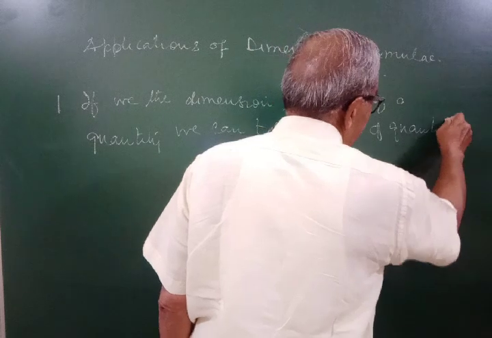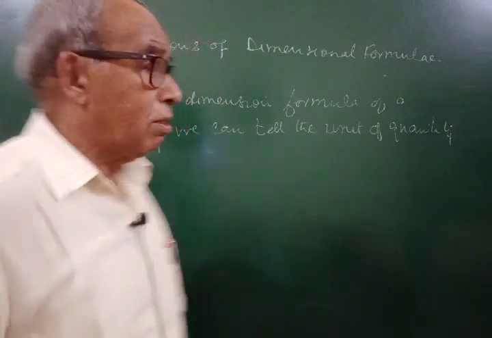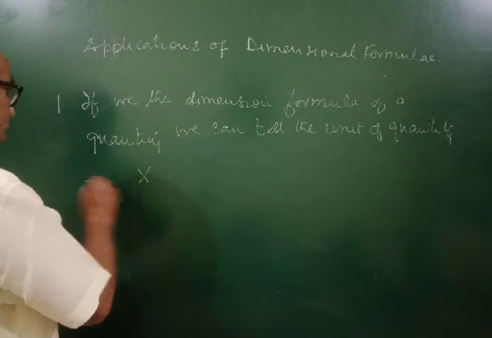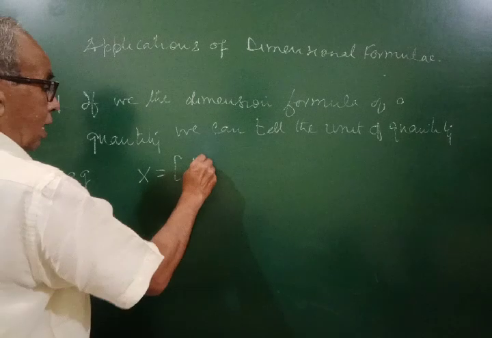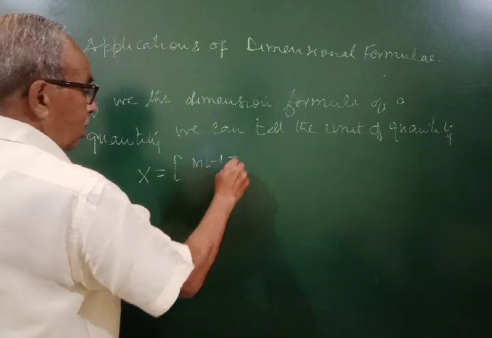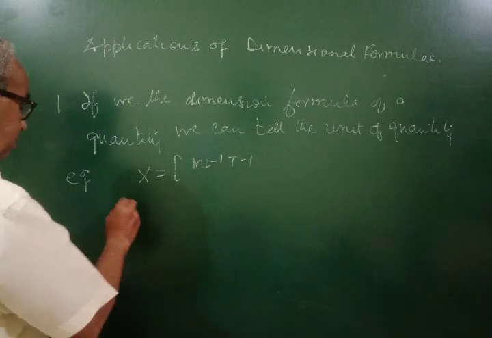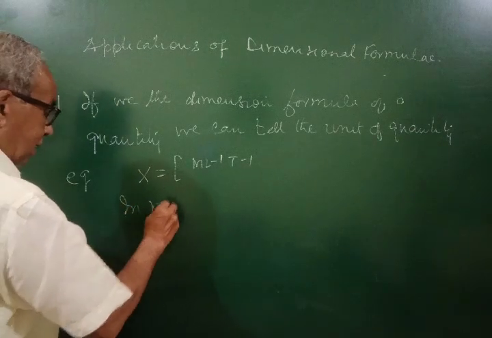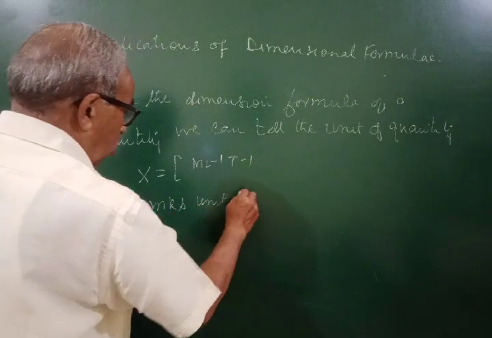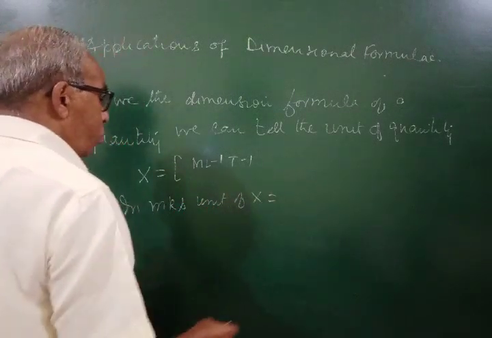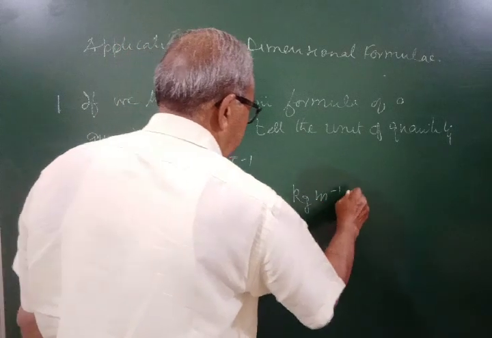Note the name. Why? Because two or more quantities have the same dimension. Suppose, for example, x has dimension formula M L^-1 T^-1. So you can write in MKS system, the unit of x is kg per meter per second.